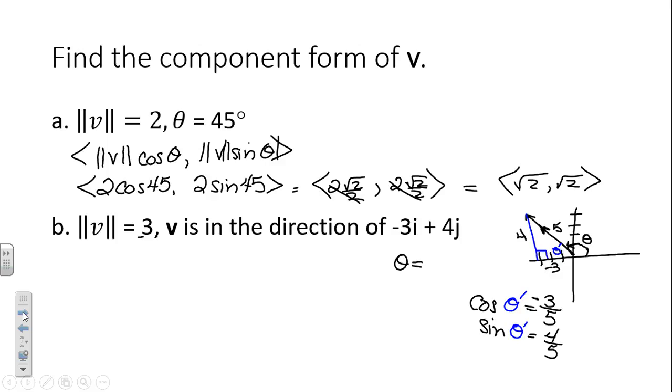Then the component form of this guy is going to be our magnitude times the cosine of theta prime, which is negative 3/5. And then if we want the vertical movement, we're going to say the magnitude times the sine of theta.